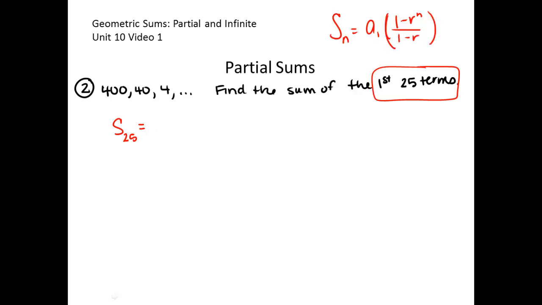My first term is 400. My r value, well, if I go 40 divided by 400, that's going to give me an r value of 1/10. In other words, I'm dividing by 10. And that's going to be 1 minus 1/10 to the 25th power divided by 1 minus 1/10.